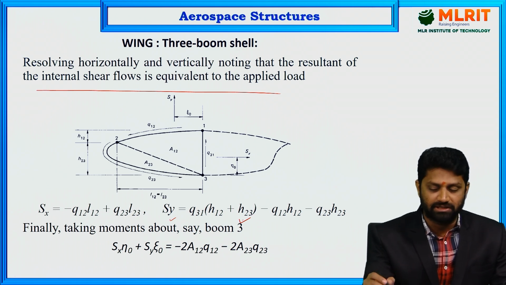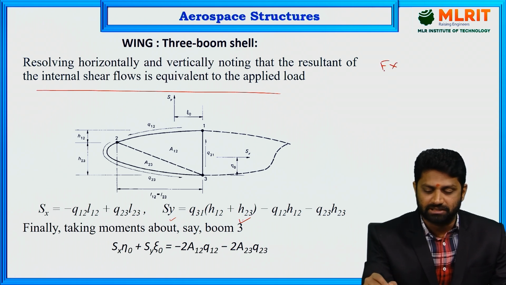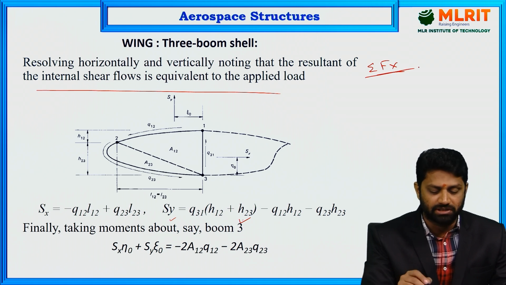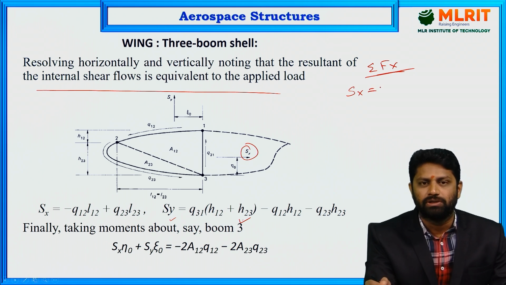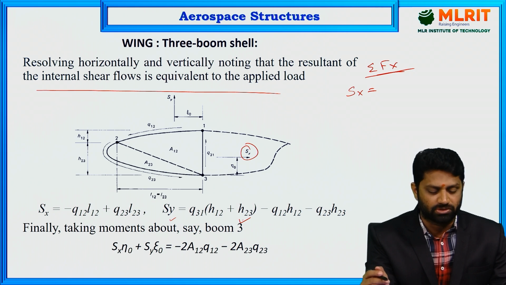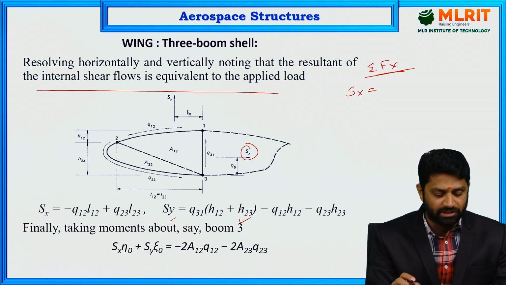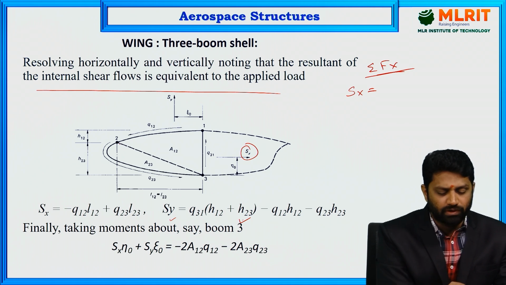First, horizontal equilibrium, that is the summation of all the forces in the x direction: the applied shear load Sx should be equal to the force equilibrium due to the shear flows. Now let's see the shear flows in the horizontal direction. Q12 is just like one inclined force.